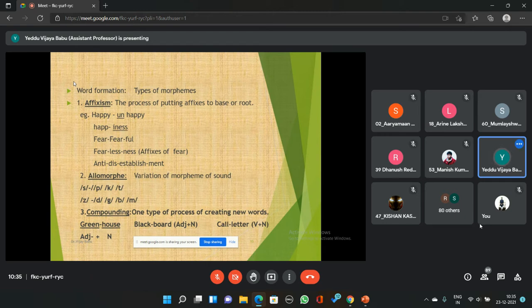You can find more than one prefix and one suffix: anti, dis, establish, and ment.